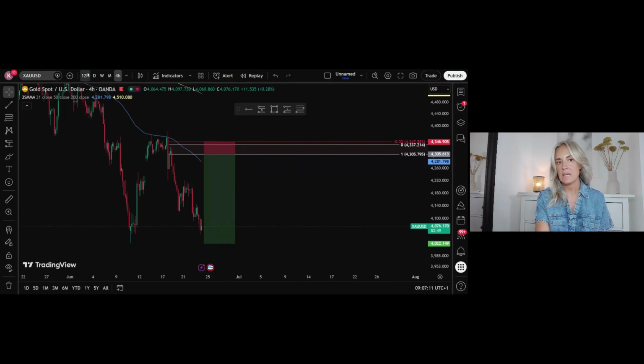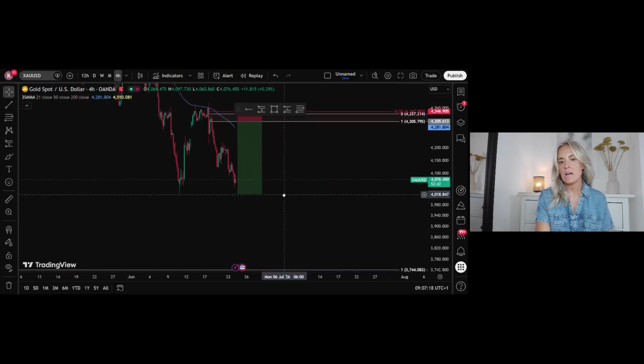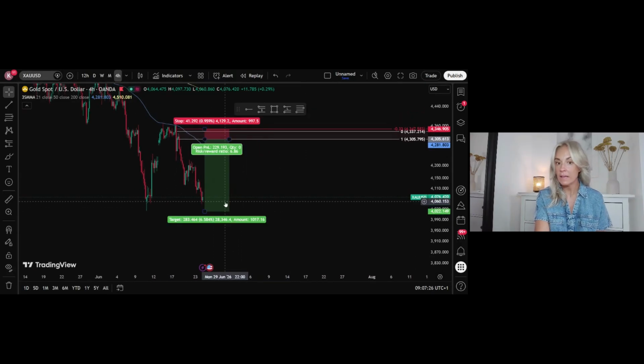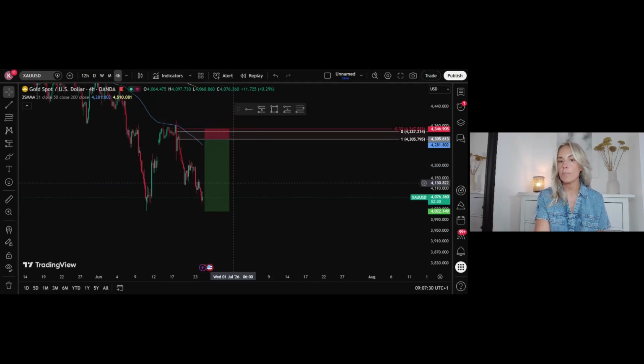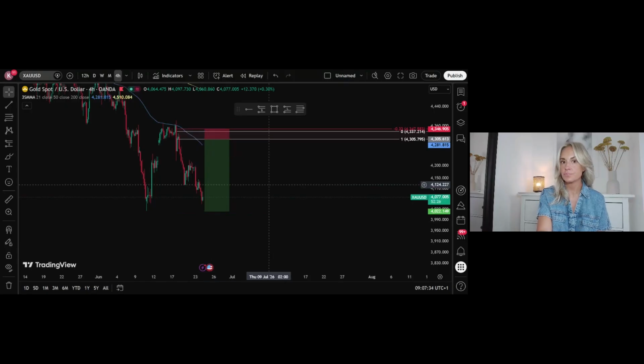If I went up to the daily, then the risk to reward would probably be less. But because it's on a 4-hourly time frame and I'm only targeting that previous lower low, which is a conservative take profit, it's a nice risk to reward. So I'm only risking 1% and I would be gaining nearly 7% capital.